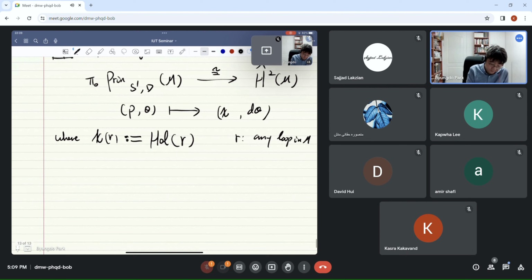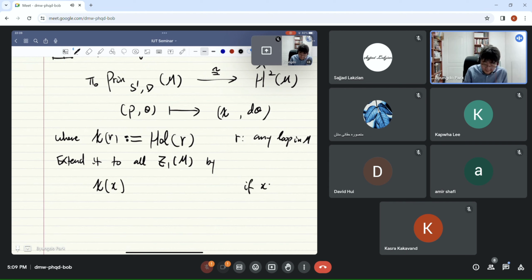Then you can extend this definition actually to all cycles: if x equals some gamma plus boundary of y, then you define chi of x to be chi of the closed loop gamma plus, let's say, 1 over 2 pi integral over y of d theta.